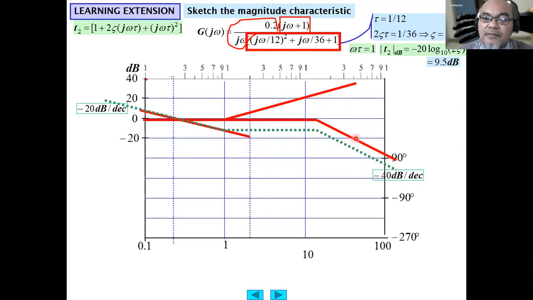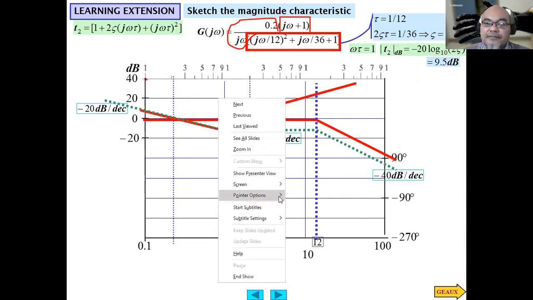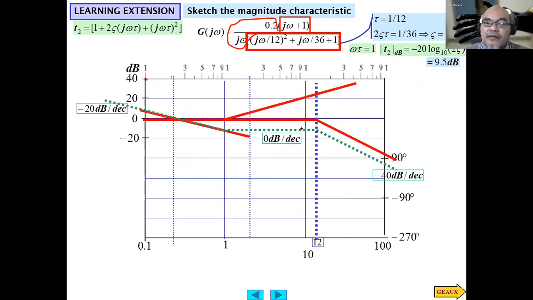However, this is 0 decibel per decade, and at 12 radian per second it has a value of 9.5 decibel. So actually the value will be something like this.